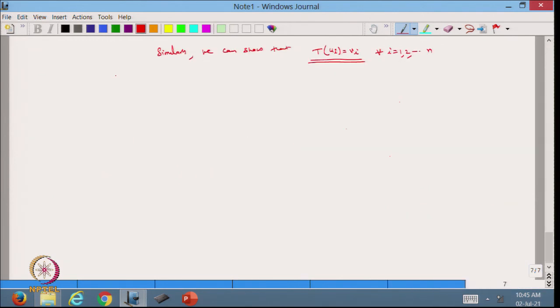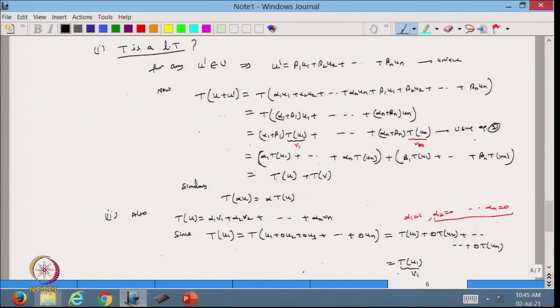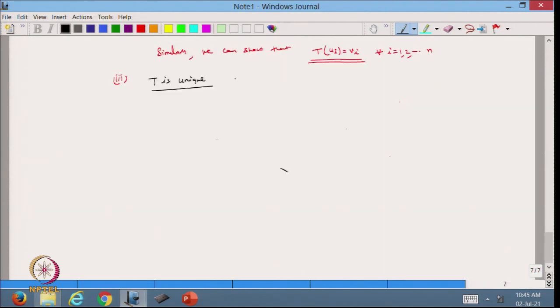So, the third one is, I want to show that T is unique. It means if I have a set of bases and a set of elements v 1, v 2, v n, then we can have only a unique linear transformation.